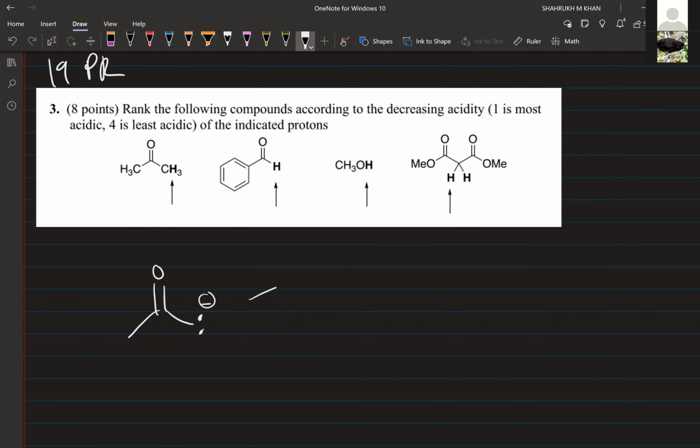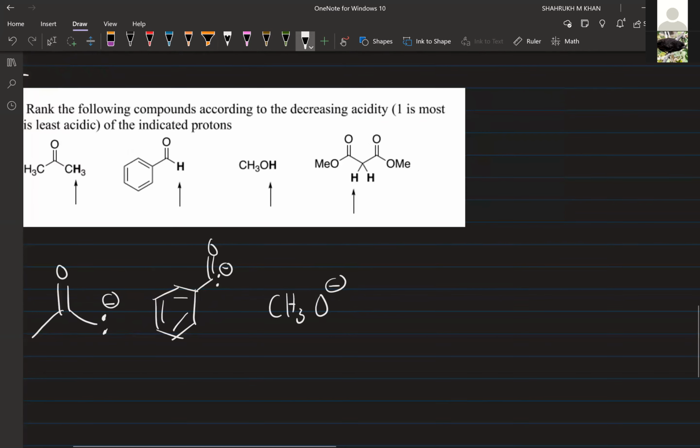Methyl there. And last one. Only one person got it right. There we go. Those are conjugate bases.